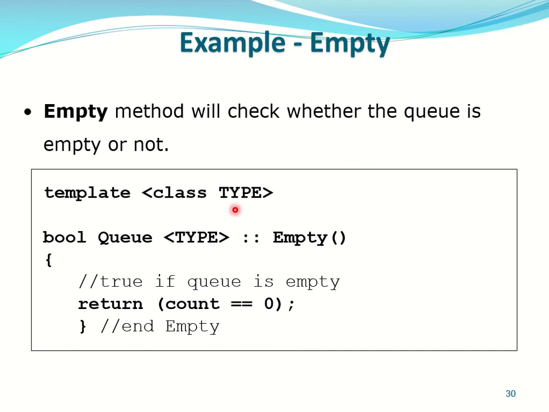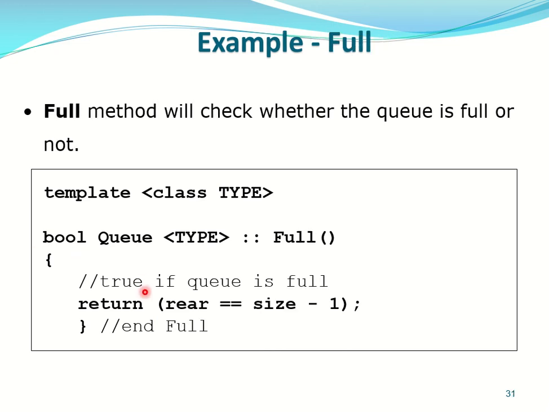Empty. How do you check empty? You just use the count. If count is equal to 0, that means the array queue is empty, so you return true. If count is not equal to 0, that means there is data in the queue, so you return false.